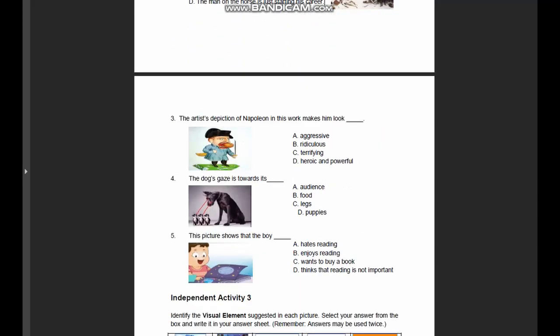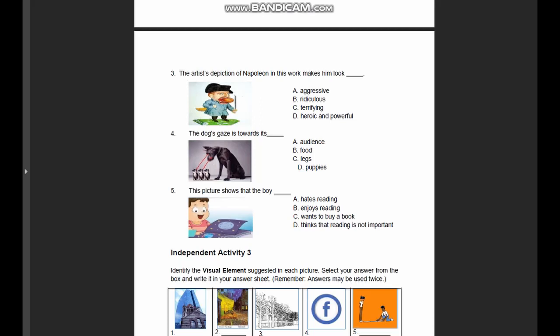Next, the third picture. The artist's depiction of Napoleon in this work makes him look blank. A, aggressive. B, ridiculous, nakakatawa. C, terrifying, nakakatakot.